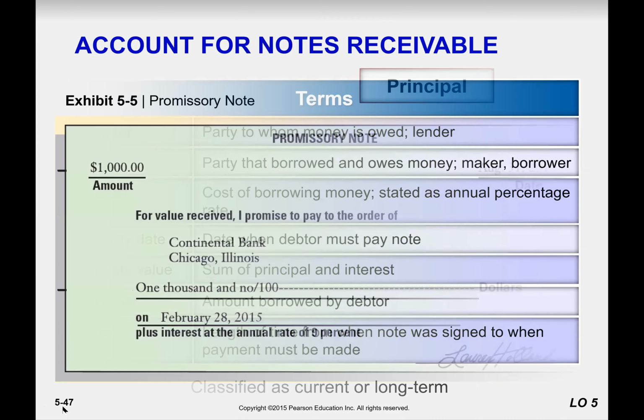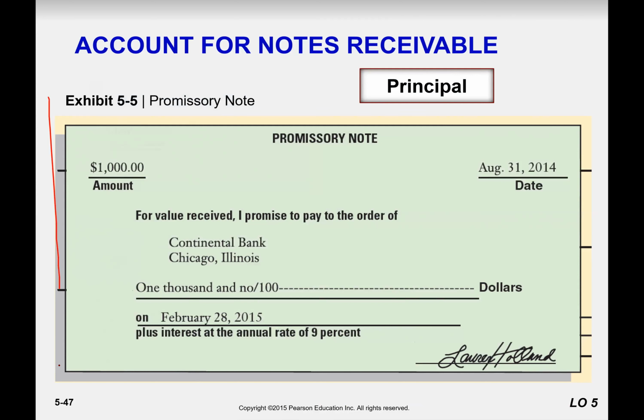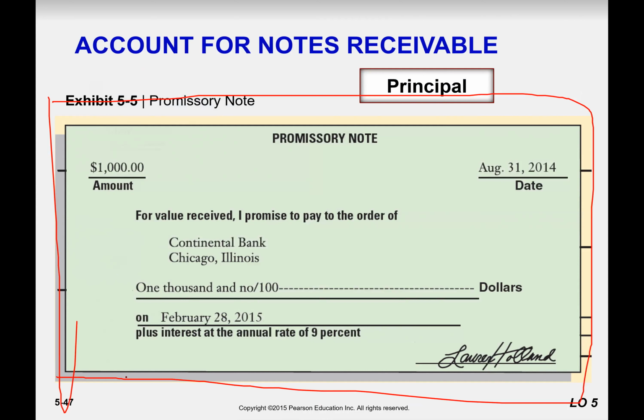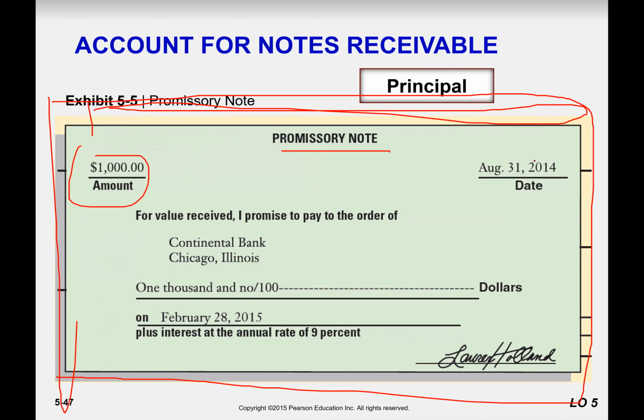So normally a promissory note looks like this. It is printed or mentioned on the company letterhead. You write on the promissory note the amount, the date when it is written, and the maturity date.